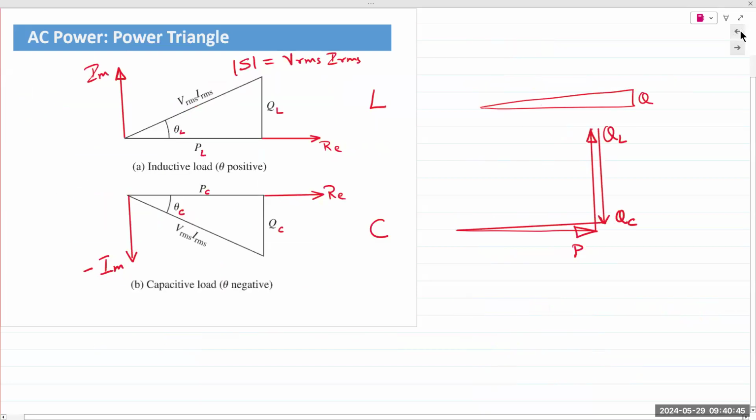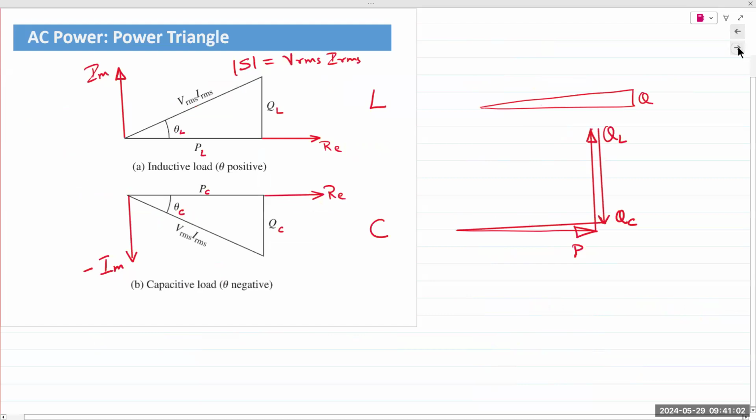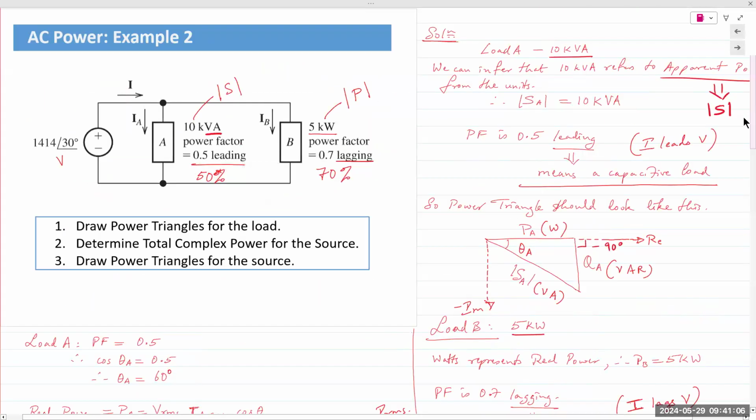Or we can also use these equations. In both cases, we either need the magnitude of S, meaning the apparent power, or we need voltage and current. So let's take a look at the solution.